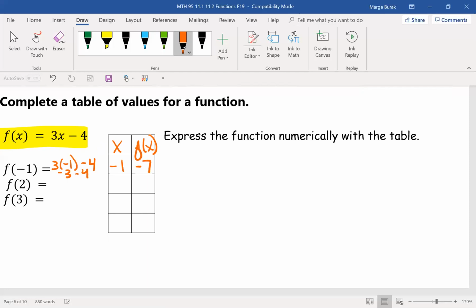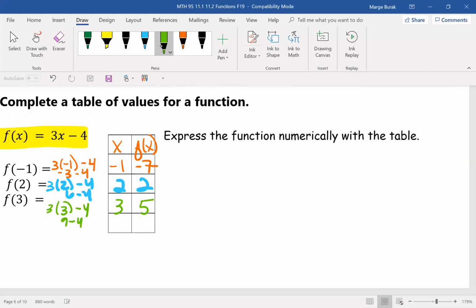That comes out to negative 7. What if we put in 2? That would be 3 times 2 minus 4, or 6 minus 4, which is 2. Let's go with 3. 3 times 3 minus 4 would be 9 minus 4, or 5.